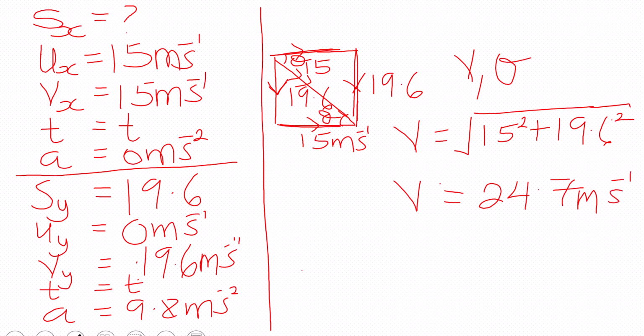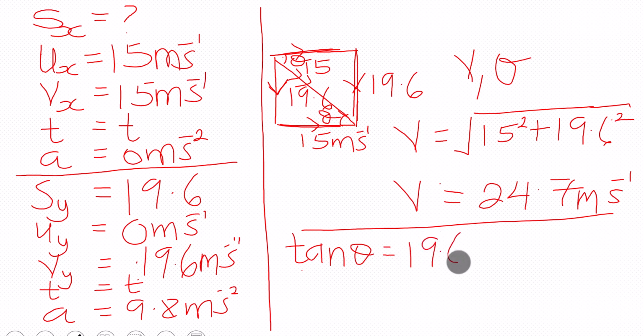And then after getting the v, you can now get the angle, and for this angle you will just use tan theta. Say tan of theta will be opposite over adjacent. The opposite of theta is 19.6, and the adjacent is 15.